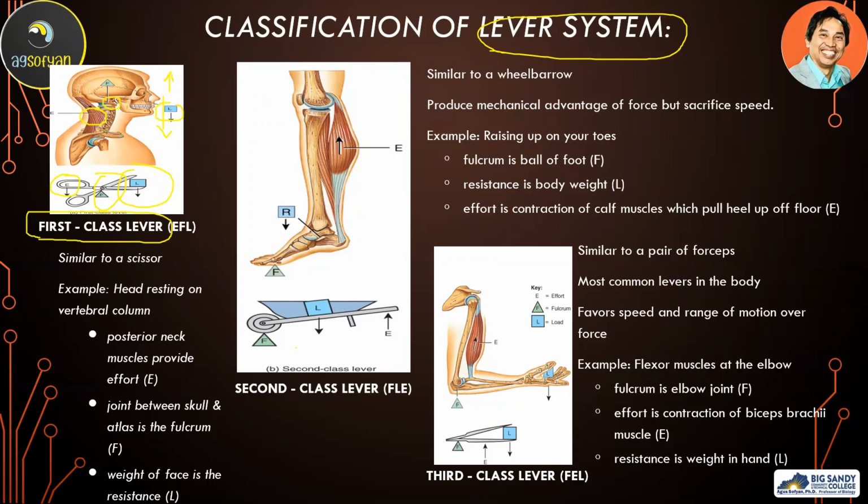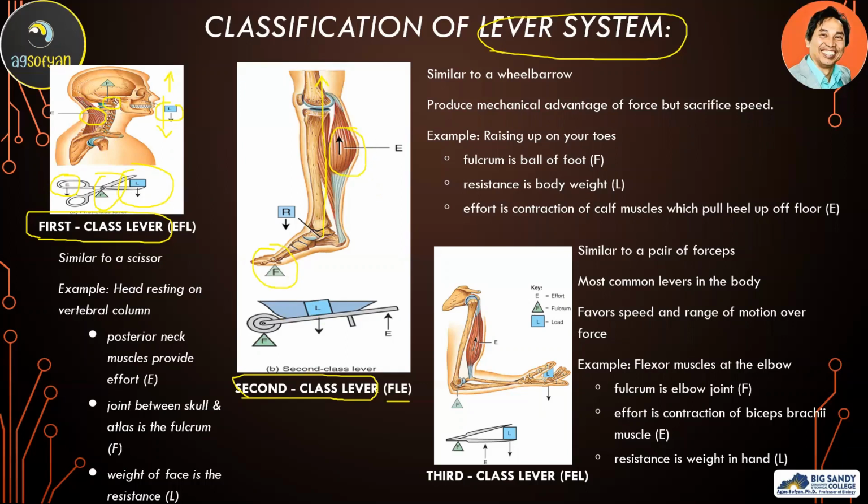The second one is called the second class lever. This is FLE. So the fulcrum is first, and then the load will be in the middle, which is actually the weight of our body, and the effort comes last, from the muscle contractions in the back of the leg.